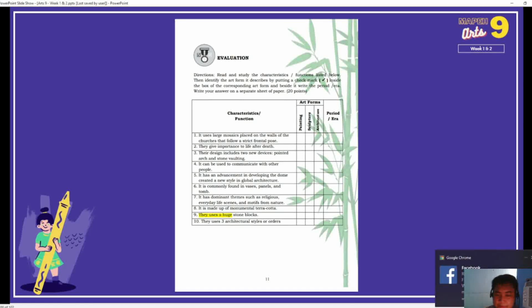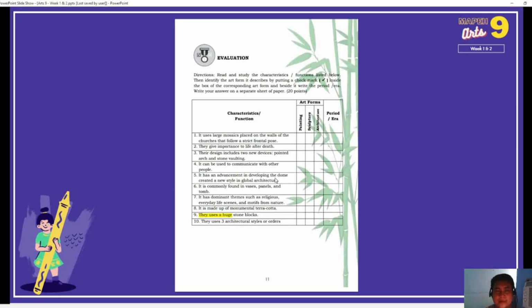Okay? So kindly copy the statement and write the graph as well. Then put a check mark to the right answer. Kindly identify the art forms and the period or era of the given statement.